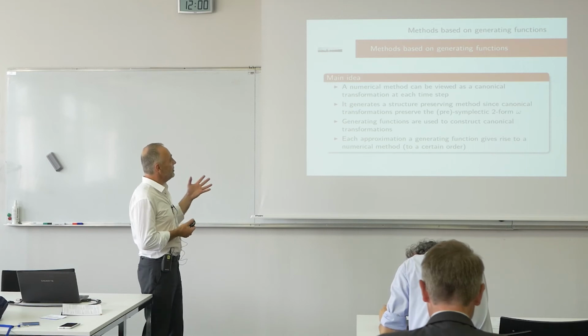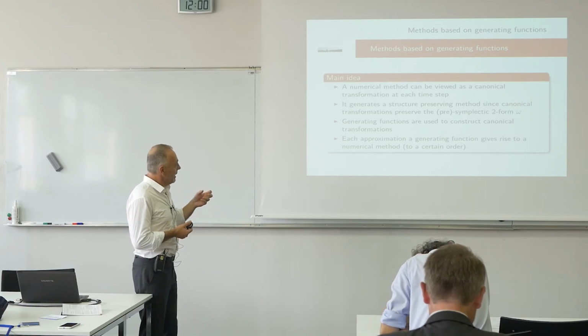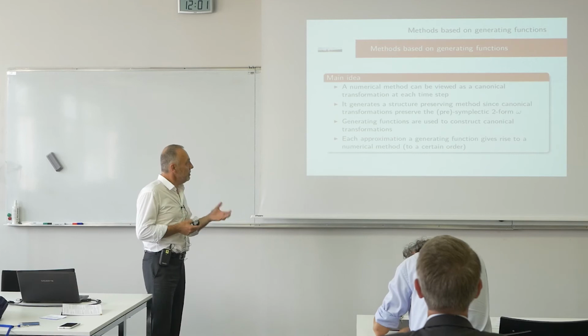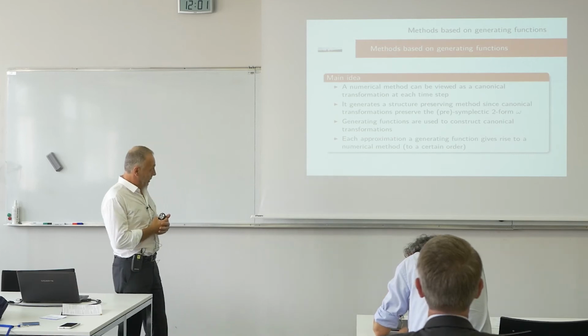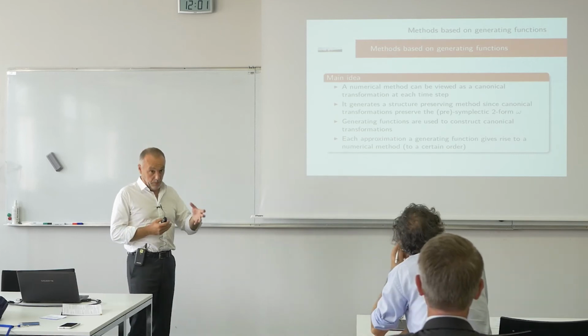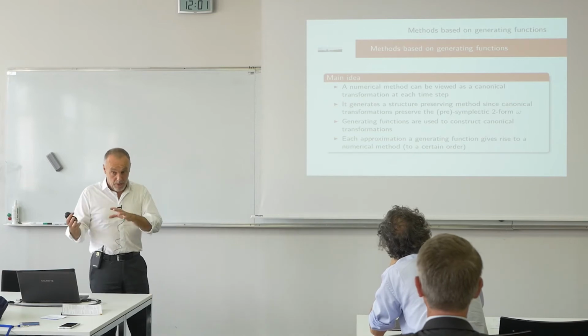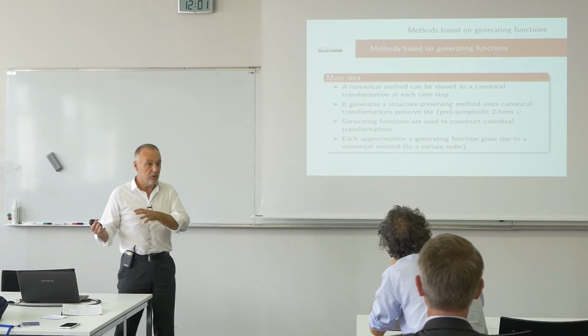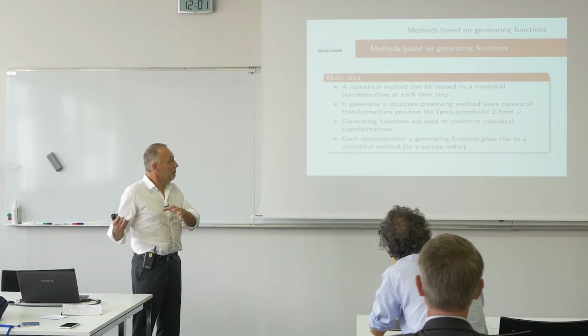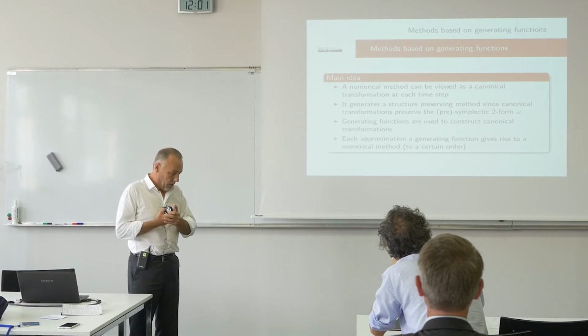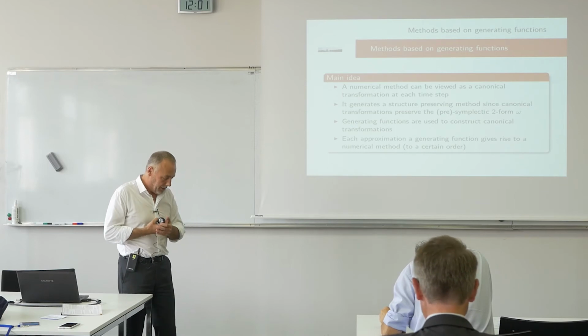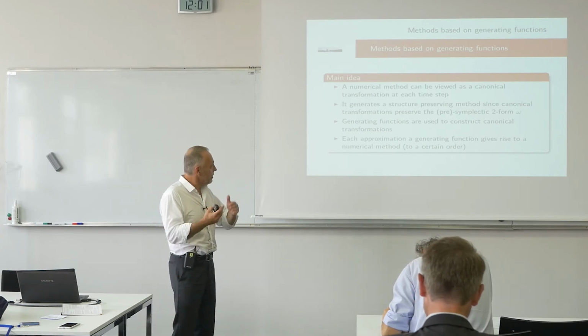So the main idea is to say that a canonical transformation can be viewed as a numerical method, since you can pass from a point to, how do you say it in English? Well, to a point to another one.